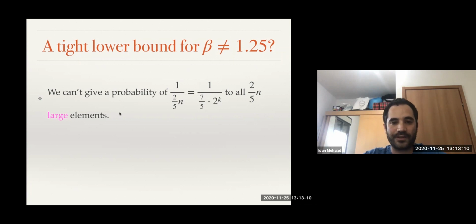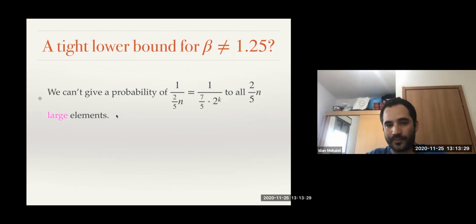How can we try to fix it? We can just add another different high probability. Instead of all high probability elements having probability of 1/2 to the k, we add just one different probability, and this will fix it.